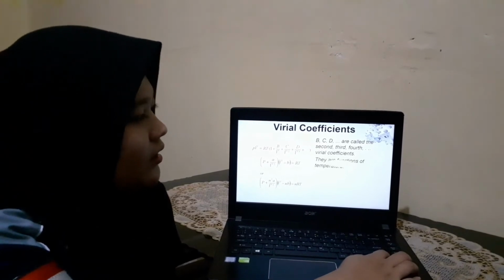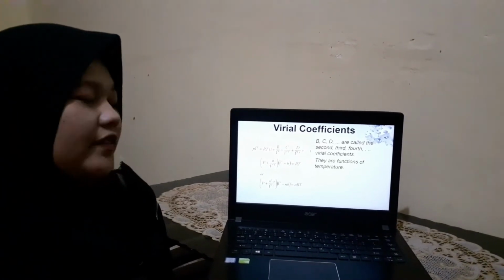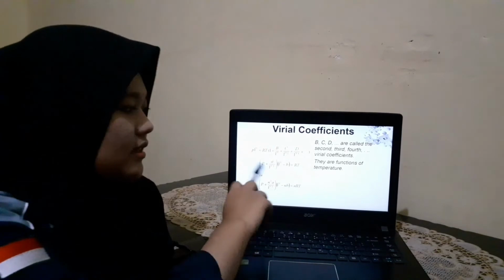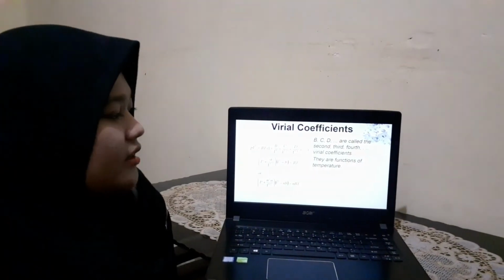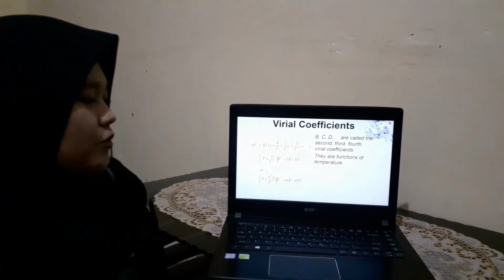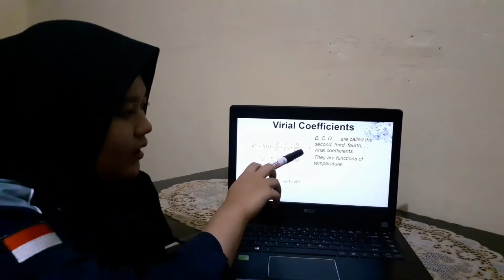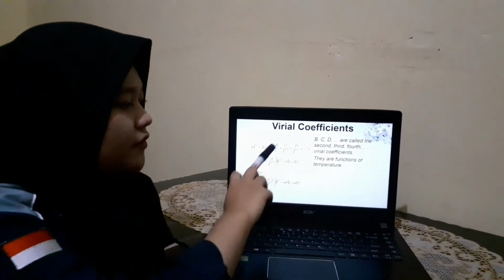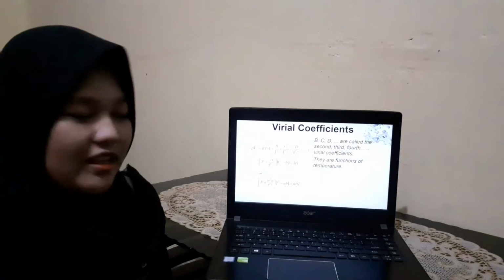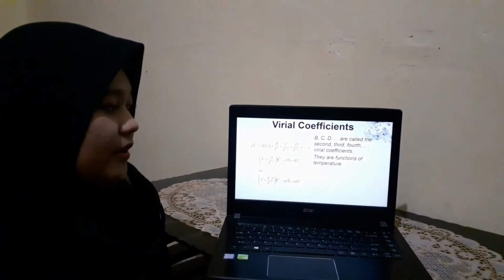And the Virial coefficients are functions of the temperature. So if we have a Virial coefficient, it means that it is a function of the temperature.